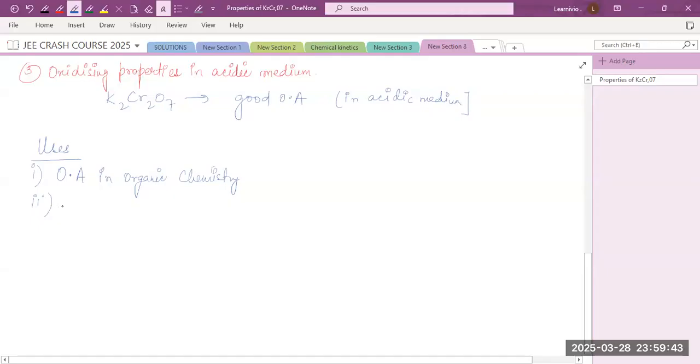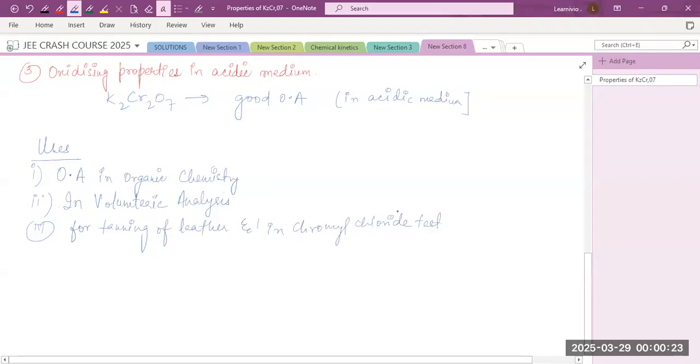Another use is in tanning of leather, and we also use this in the chromyl chloride test. So these are some uses of potassium dichromate.